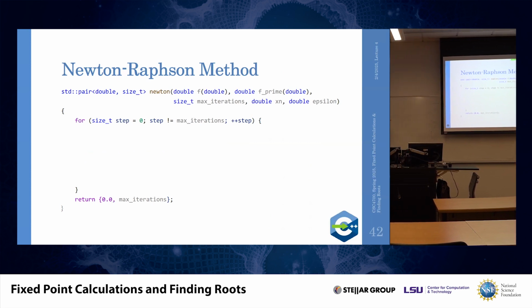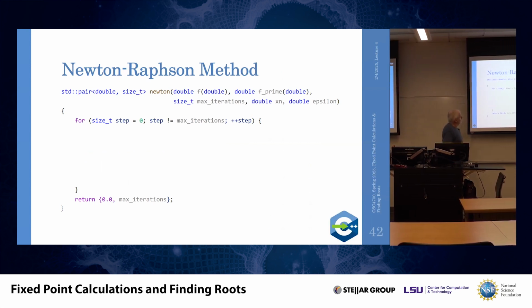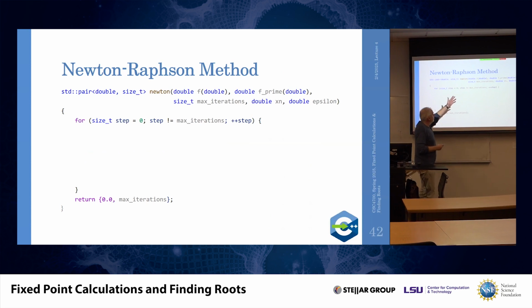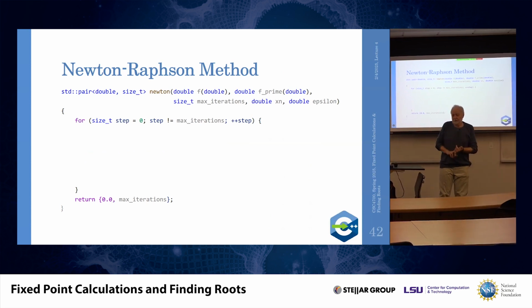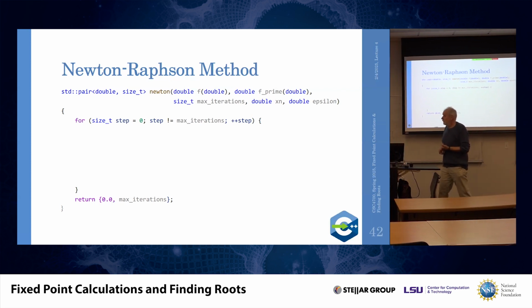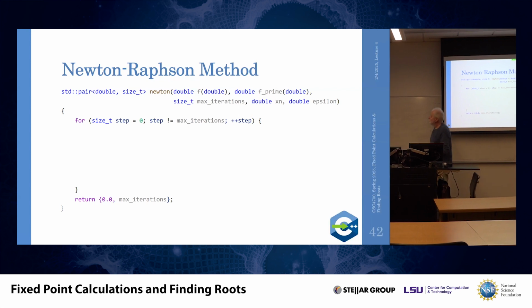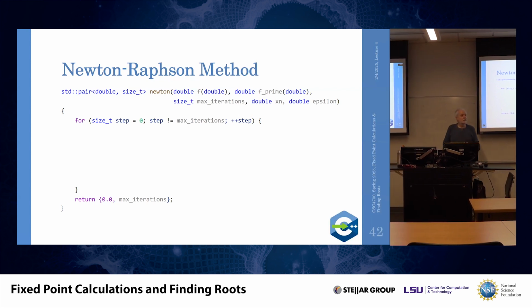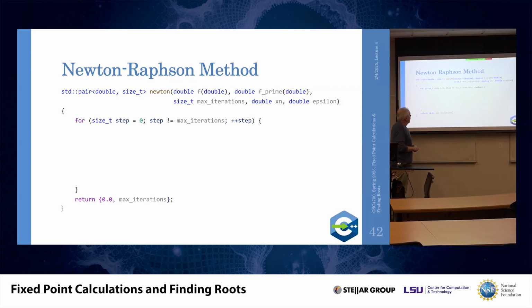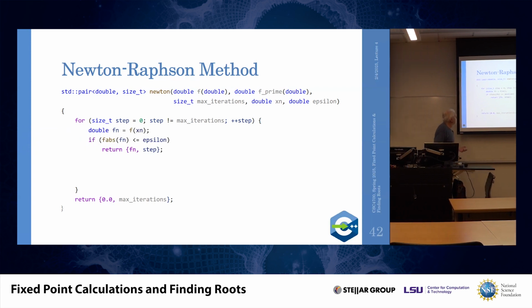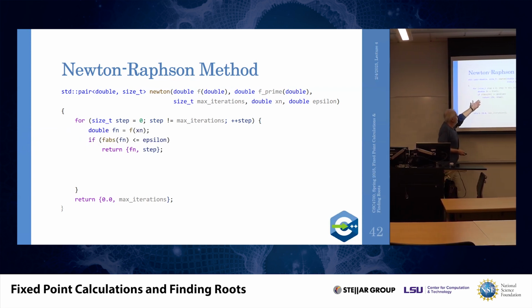Okay, so let's implement it. A Newton function now takes two functions, actually. It takes the function f we want to analyze, we want to find the root for, and it takes another function, which I called f prime, which is a representation of the derivative of the function f. And from that point on, everything is simple, because we compute f.